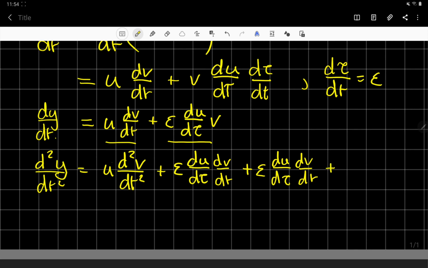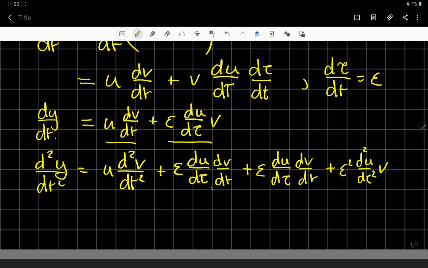And then I'm going to differentiate the first term twice. So that's going to give me epsilon squared d2u/d tau squared times v.